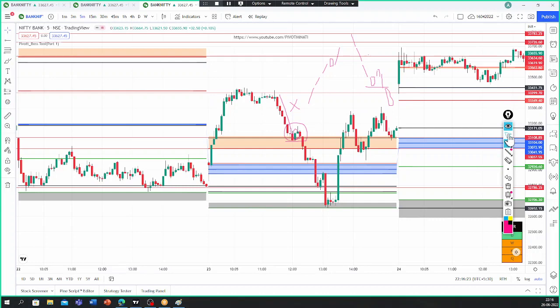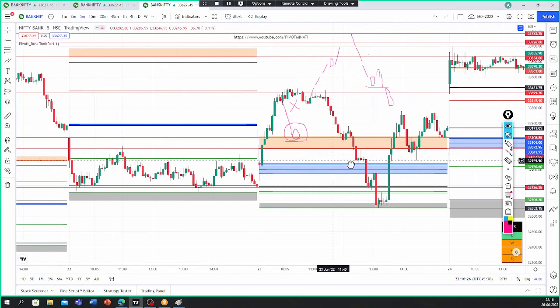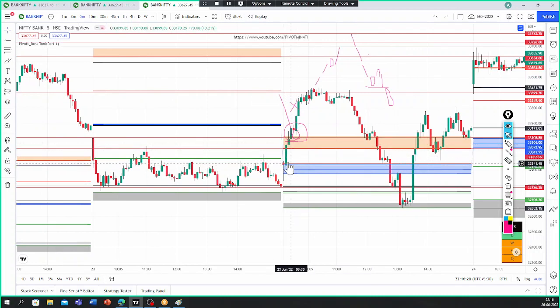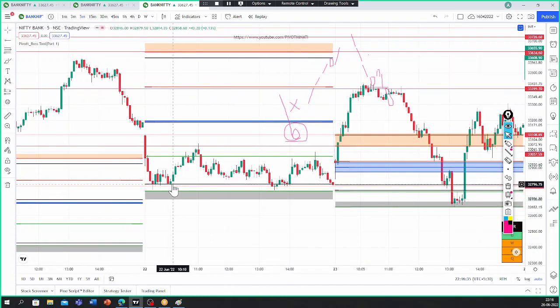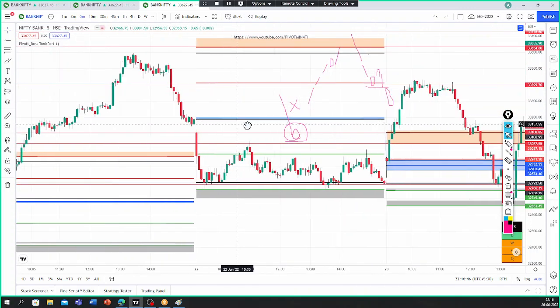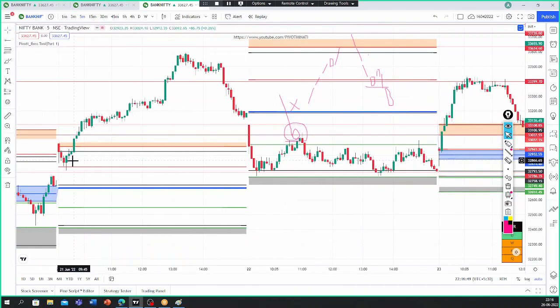So I'll just show you. You have seen this example, right? Then you'll see here. Now see this candle, right?